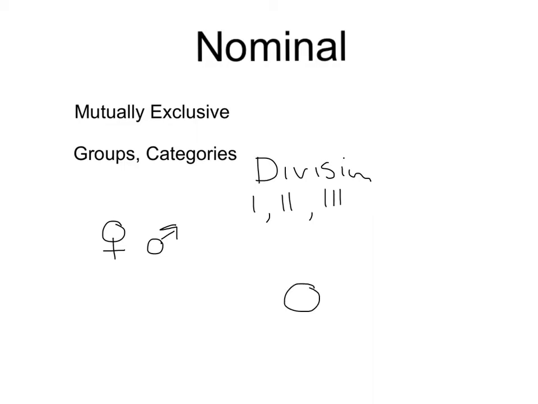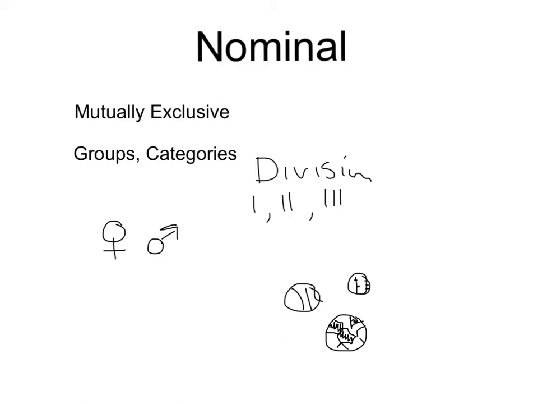So if a person was a basketball player, or if they played soccer, any of these would be the types of things that would make up nominal variables.